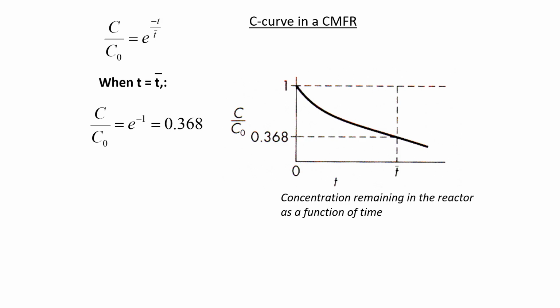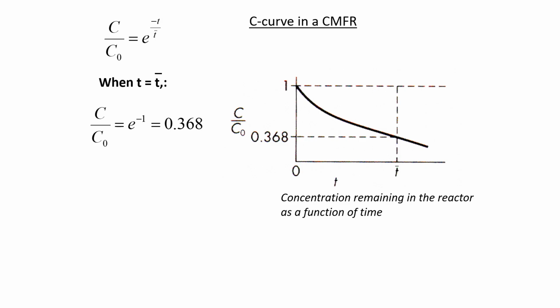If I inject dye into the completely mixed flow reactor, and maybe it has a volume of 1 cubic meter, and I've completely flushed it out, so I've put in a new cubic meter, it's still going to have 36.8% of the dye still in there, because some of it is mixed.